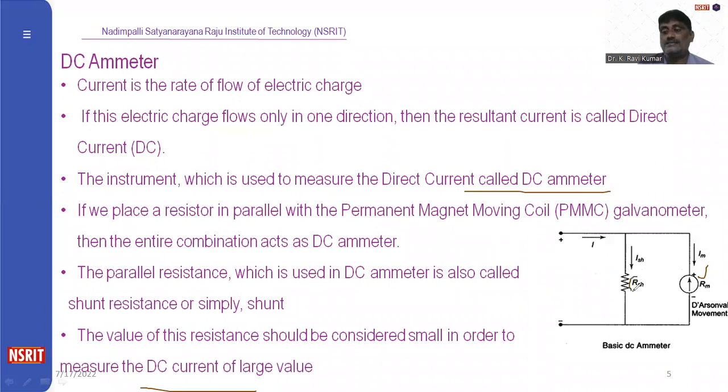This RSH is called the shunt resistance, which is connected in parallel with the galvanometer. The value of this resistance should be small in order to measure DC current of a large value. If the resistance is high, the current will be less. That's why we always have to choose RSH with a lesser value.